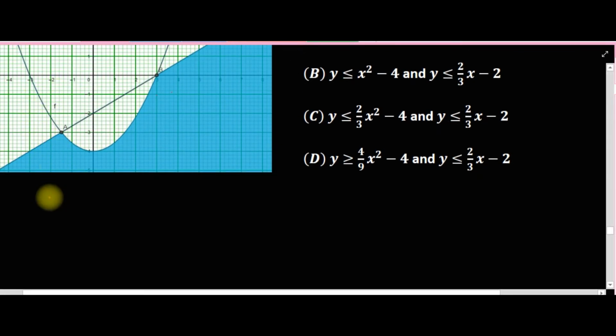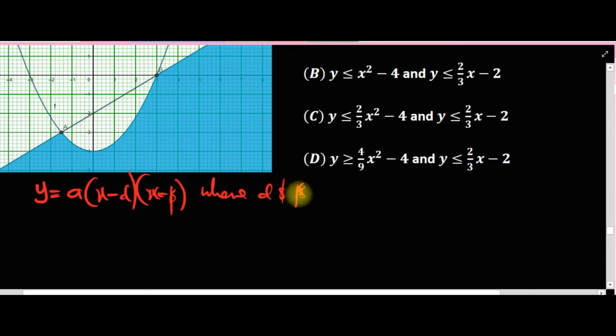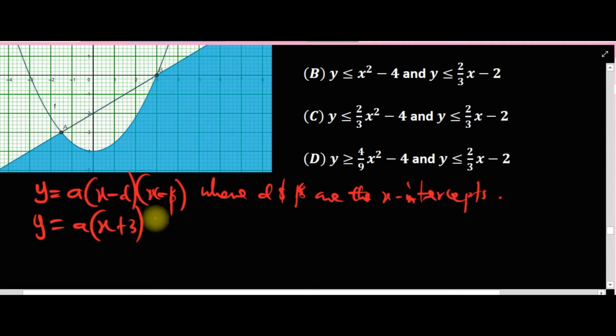So using our formula, y equals a(x minus alpha)(x minus beta), where alpha and beta are the x-intercepts, we have y equals a(x plus 3)(x minus 3), which is a difference of two squares: x squared minus 9.